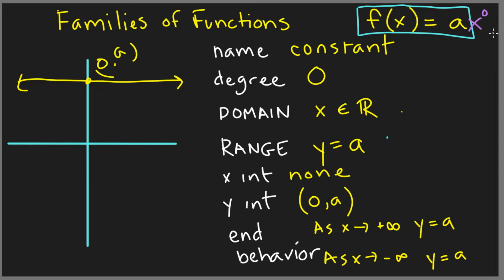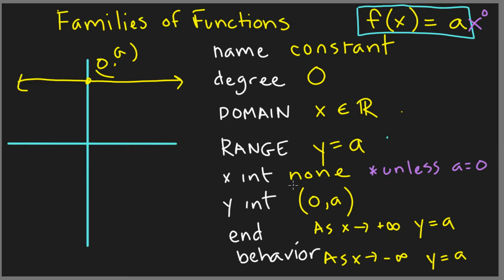My x-intercept, unless your a is equal to 0, we're going to have no x-intercepts. Let's make that little note here, unless a is equal to 0. If a is equal to 0, what you're talking about is the x-axis, and you're going to have an infinite number of x-intercepts. The y-intercept is at 0, a. We've already discussed that.